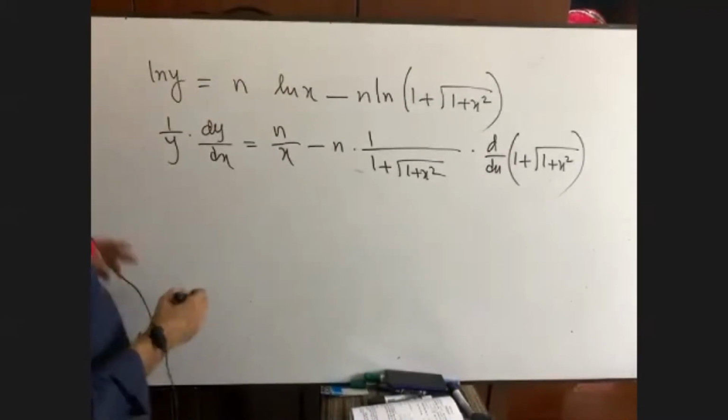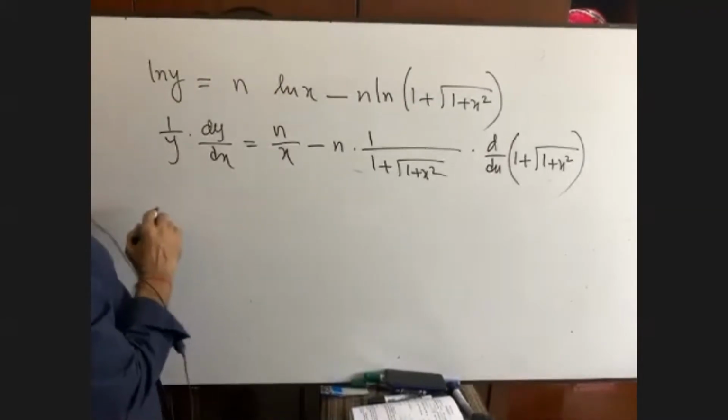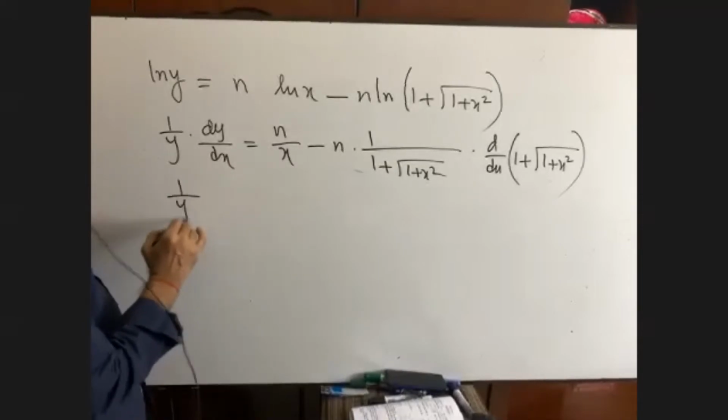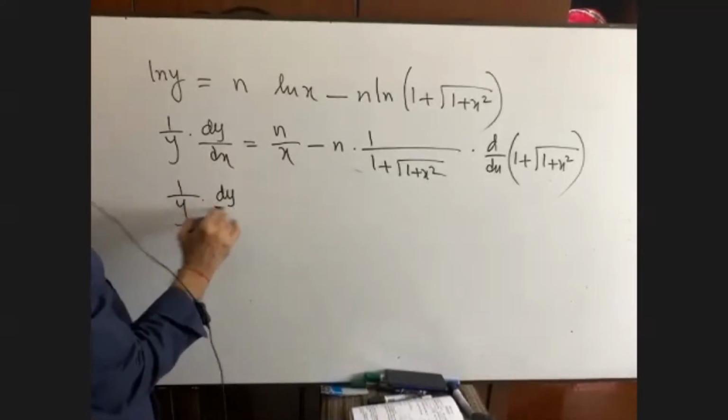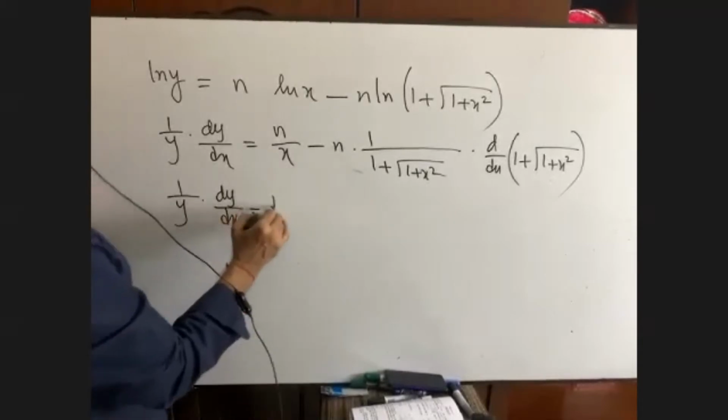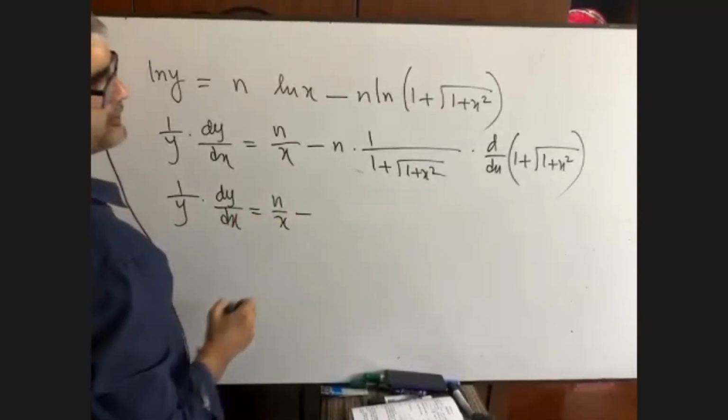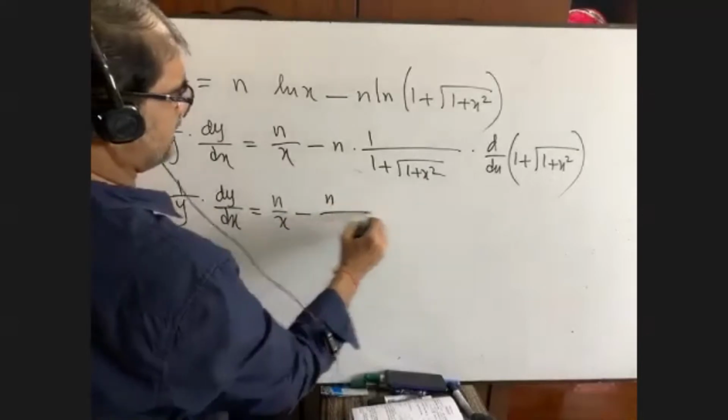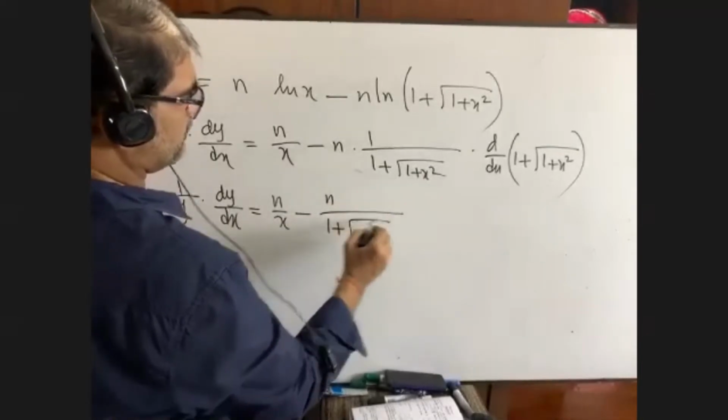So we are getting 1 by y dy by dx equals n by x minus n by (1 + root over 1 plus x square) times the derivative.